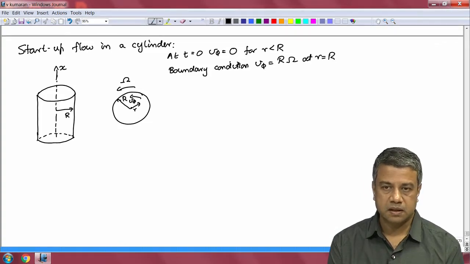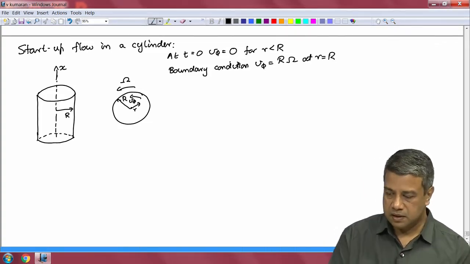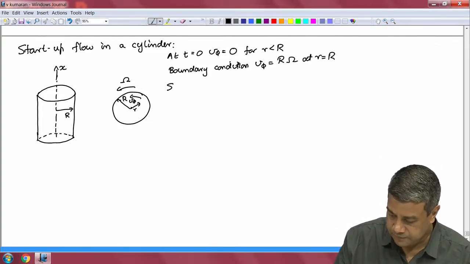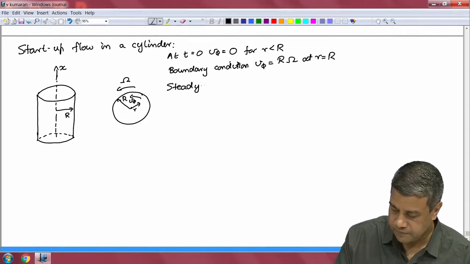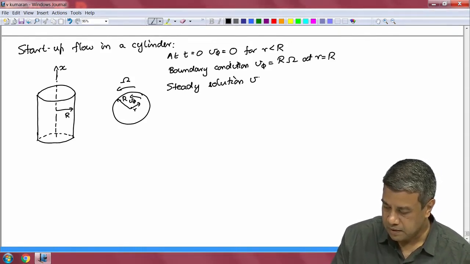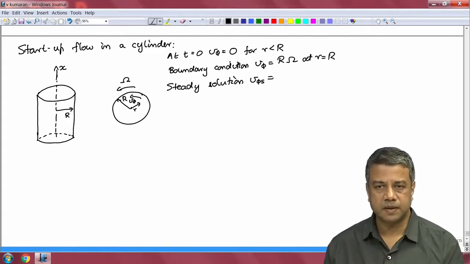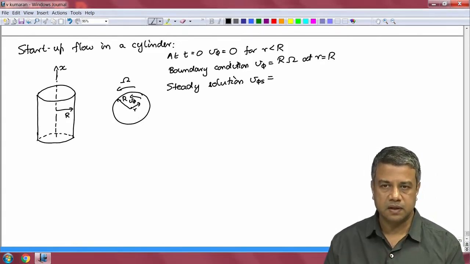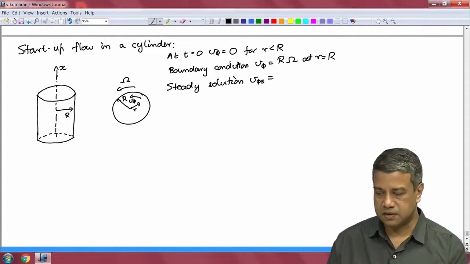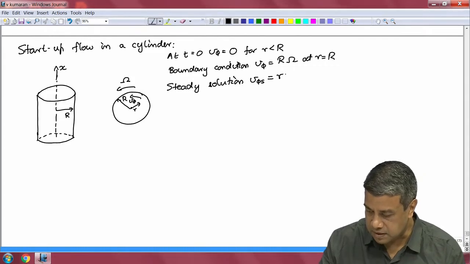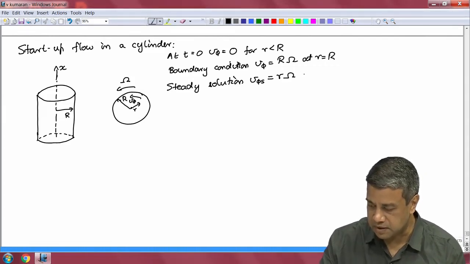What would you expect in the long time limit? The steady solution v phi s: in the long time limit you would expect both the cylinder and the fluid to be rotating as a solid body, and therefore, the velocity has to be equal to the radial position at a given location times omega.